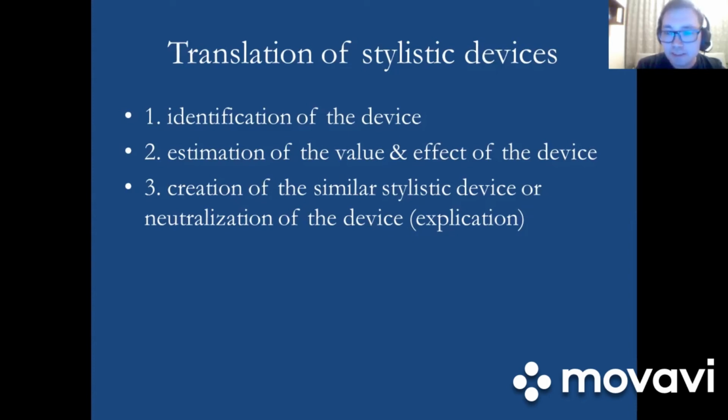So you have to know what kind of effect is expected when a reader encounters this device. And the last one, creation of a similar stylistic device or neutralization of the device. Neutralization of the device means that you do not try to reproduce the device, but you use explication instead. Explication, in other words, is explanation.